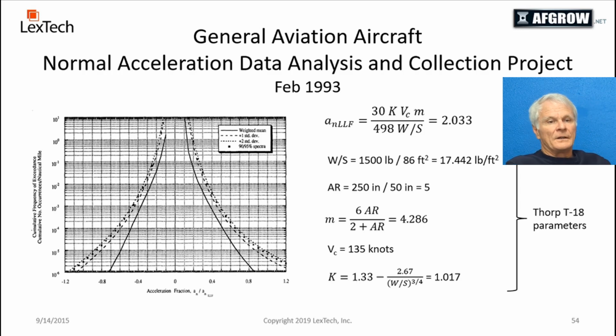That's based on your wing loading, your wing aspect ratio, this concept of M, and your cruise speed, because everything is also given in terms of cycles per nautical mile. And then there's a factor K that comes into play. But in the end, the normal acceleration load limit factor for my airplane is 2.033.